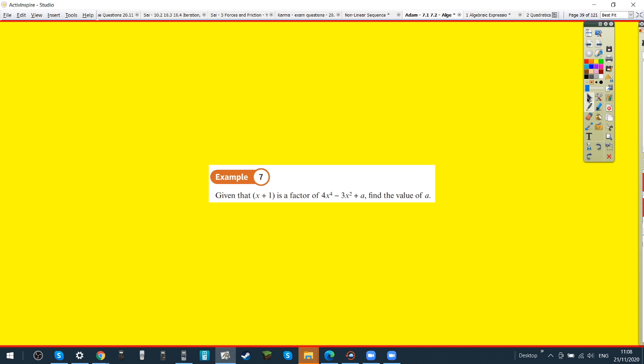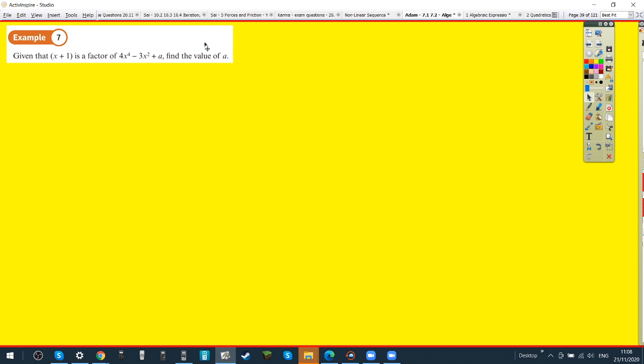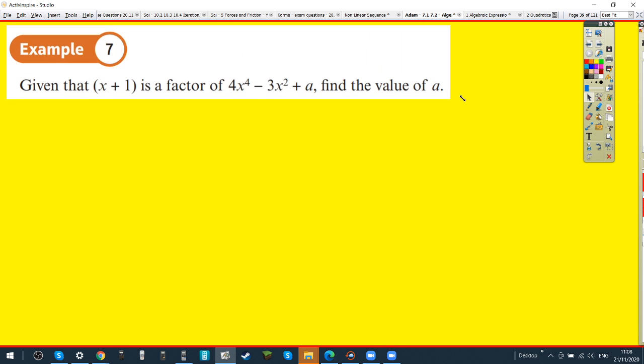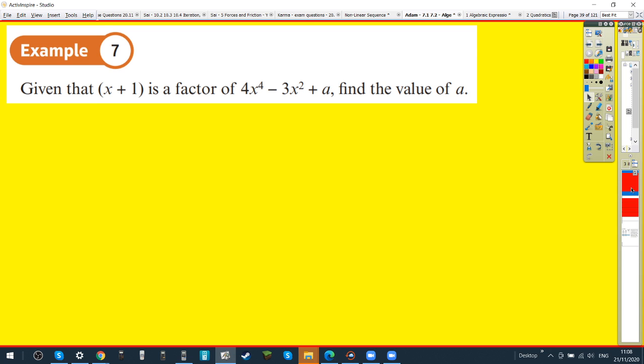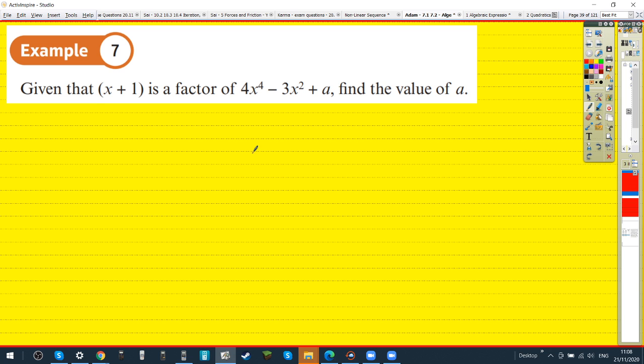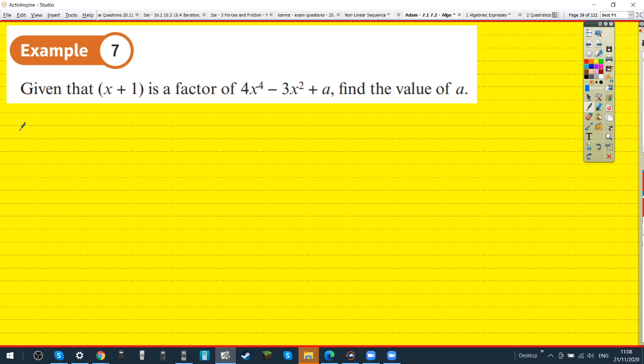Right, how about this one? So x is -1. Yep.